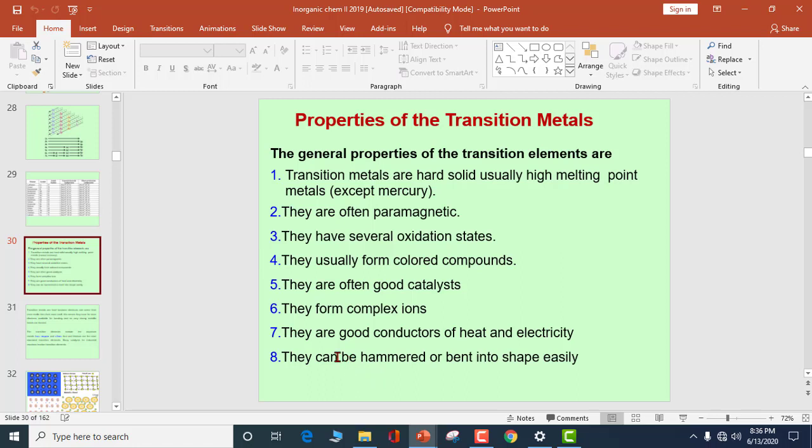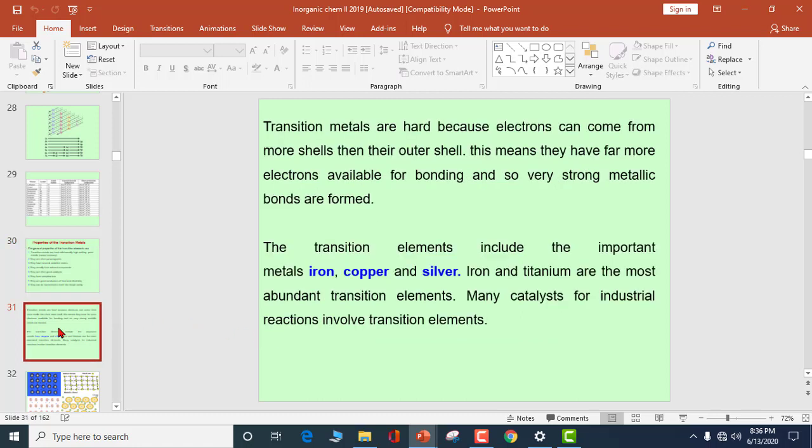So they can be hammered, they can be bent, they can be transformed into many shapes, wires and rods, as you see in some of the industrial products of metal. So transition metals are also part of them. We will discuss these properties a little bit in the metallic bond.